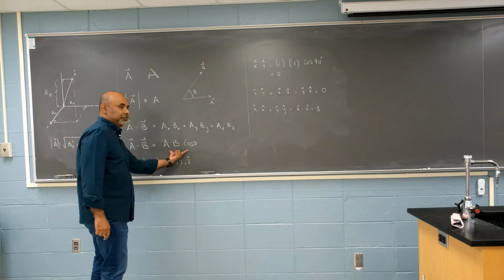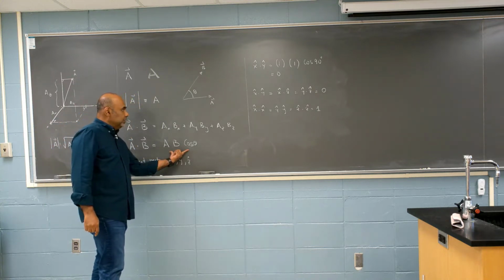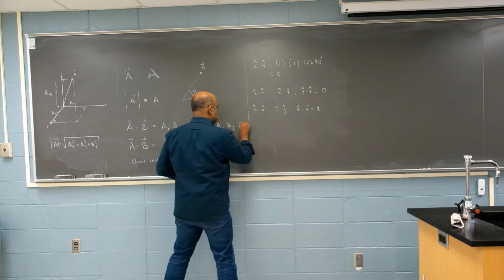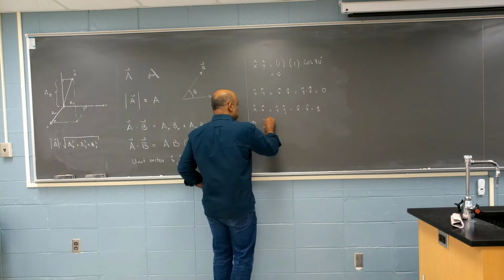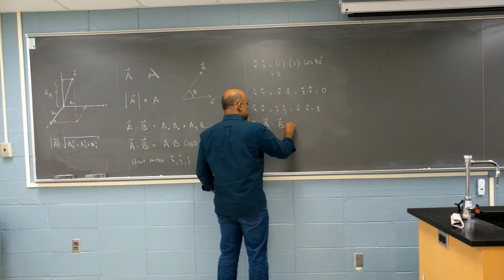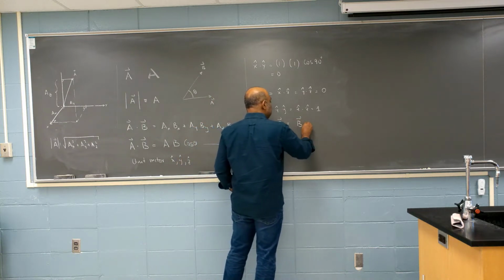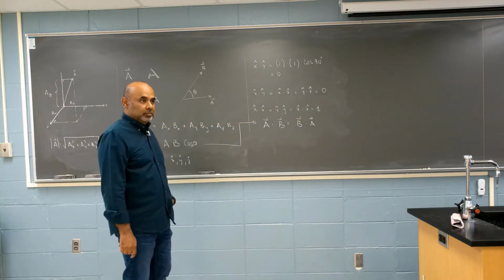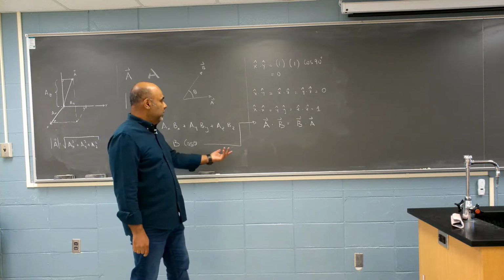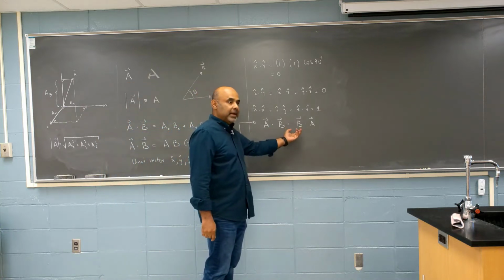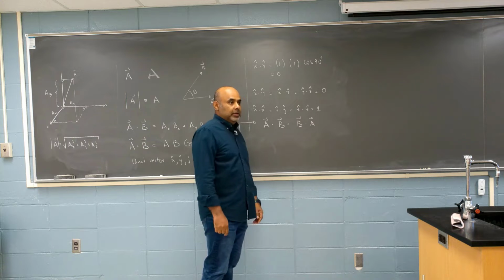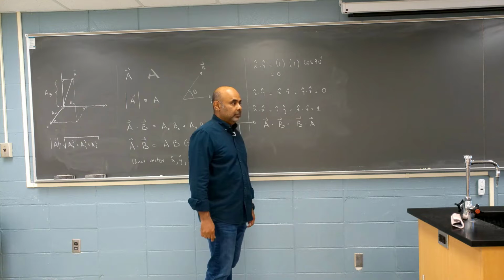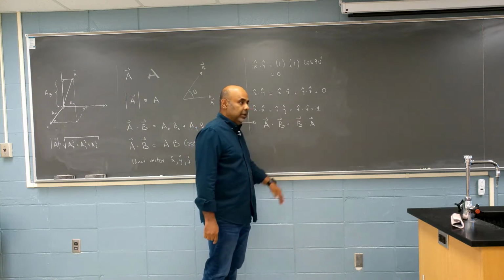And from this definition, it is easy to see that A dot B is the same as B dot A. Magnitude of A times magnitude of B is the same as magnitude of B times magnitude of A. Theta is just the angle between them. Yeah? So the dot product is commutative.